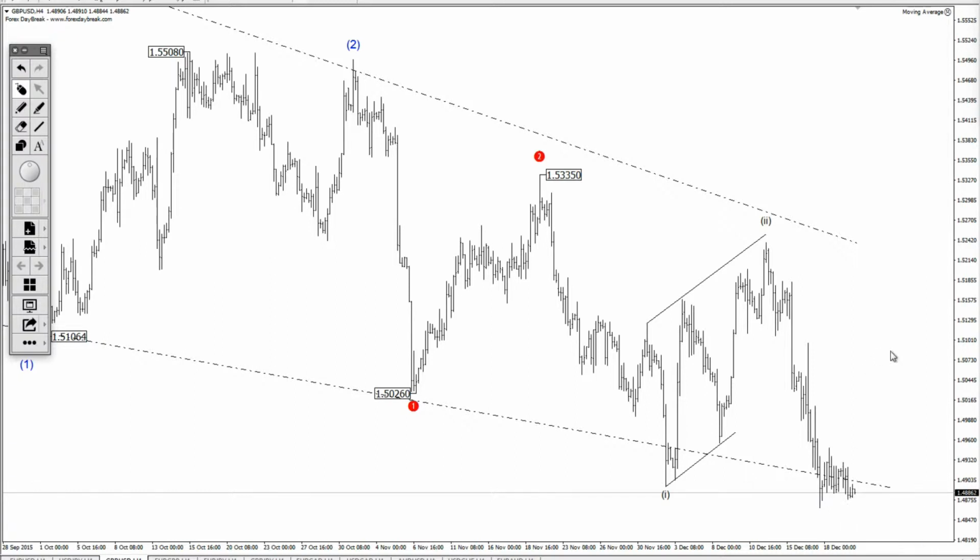So same here, very unclear wave structure. Maybe we can expect another move towards the upper part of this trend line if there's going to be more dollar weakness. So no trading opportunities in pound dollar, neither in my opinion.